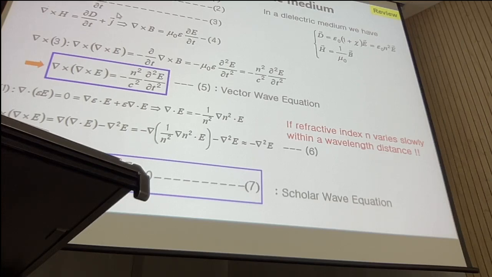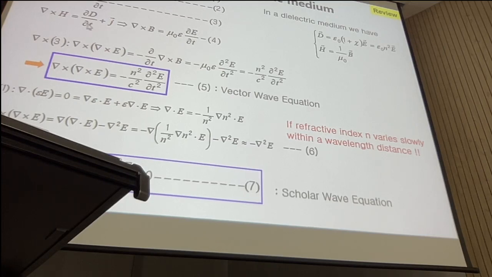So the second equation is Faraday's law, and the third one is Ampere's law with zero free current. So we have curl B equals mu 0 epsilon times partial E over partial t.